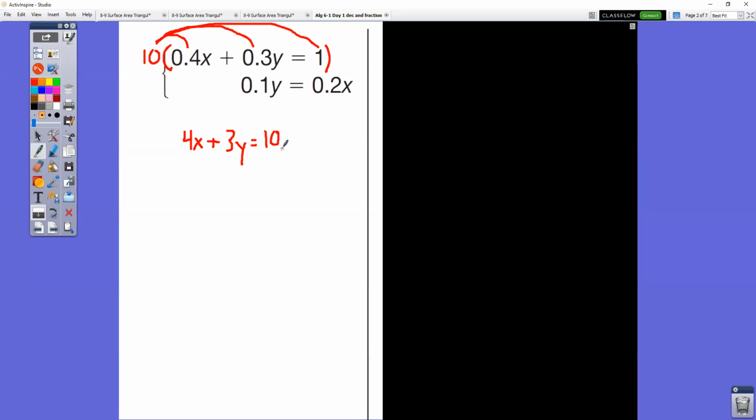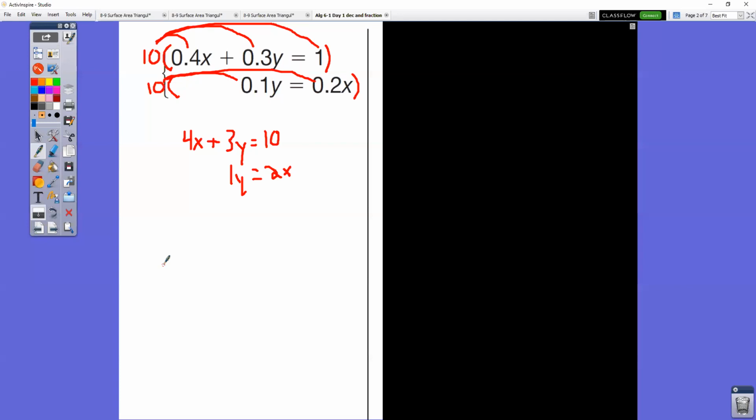So that top equation changed into 4x plus 3y equals 10. This bottom equation, I have one decimal place and one decimal place, so I'm going to multiply this whole bottom equation by 10. Again, distribute and distribute. 10 times 0.1y is 1y. 10 times 0.2x is just 2x. These equations are easier to work with than those equations.